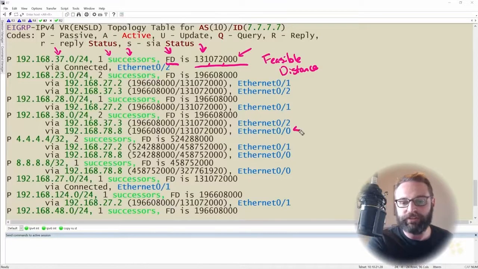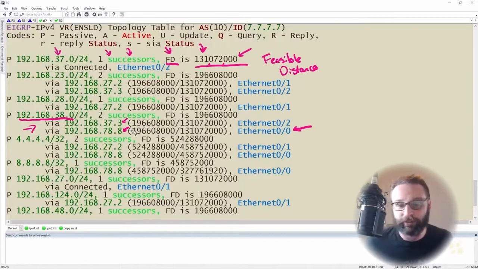Now look ahead just a moment down here. We see two prefixes, or two installations, for the 192.168.38 route. This is the link between R3 and R8. Both R3 and R8 have advertised this prefix to us. And since both of these devices have the default metrics and have the same bandwidth and the same delay to get to this, they advertise the same distance to get to us.